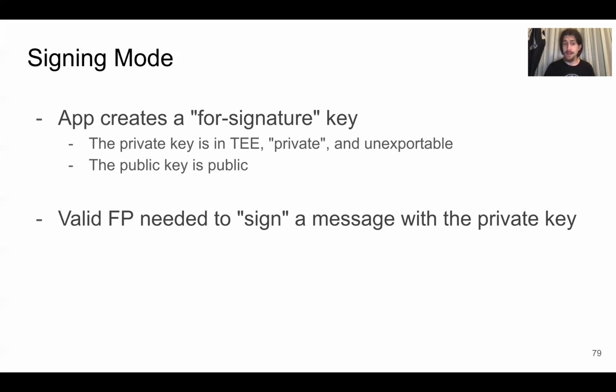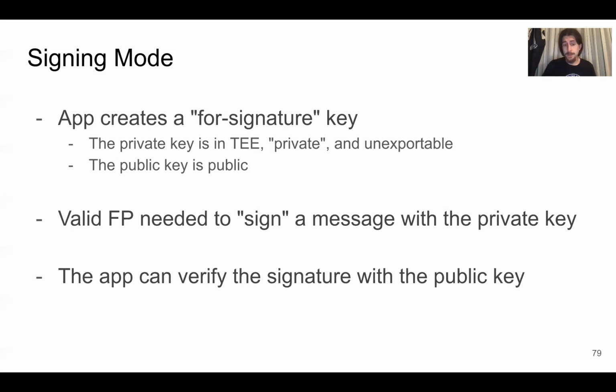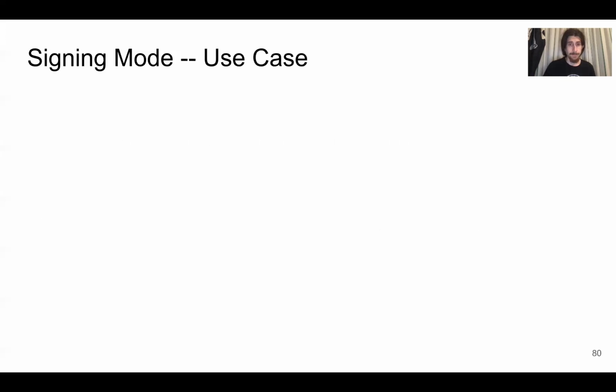If the fingerprint is correct, the message is signed with the key that was stored in hardware. And at this point, the receiver of this signed message can verify that it was signed with the correct key, because you can always take the message, take the signature, and then use the public key to verify it's correct. So the app, or the backend, can verify that the signature is correct using the public key.